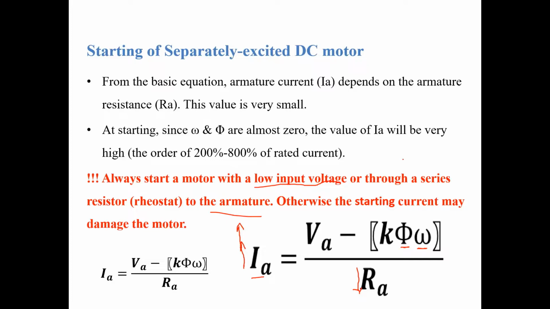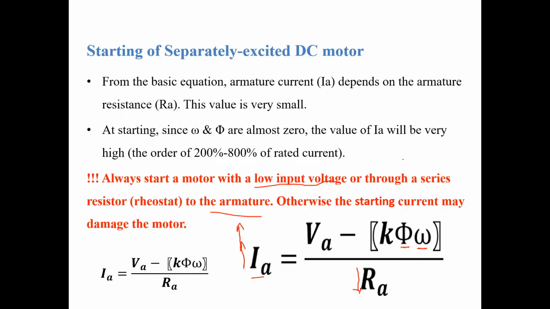In that case, we can insert a rheostat, a variable resistor, in series with the armature, and apply the rated voltage to the armature. Always be sure that when you start the motor, the rheostat is at maximum resistance, so that the voltage drop in the rheostat will be higher and the voltage drop in the machine will be lower.